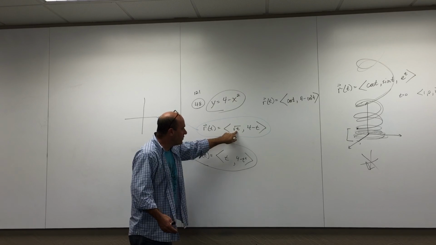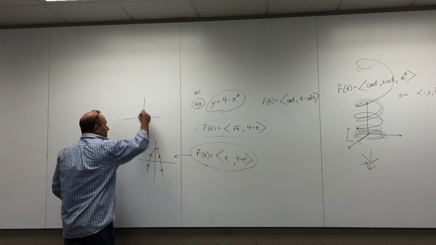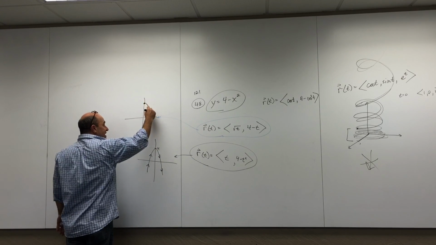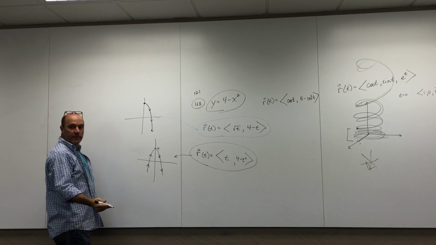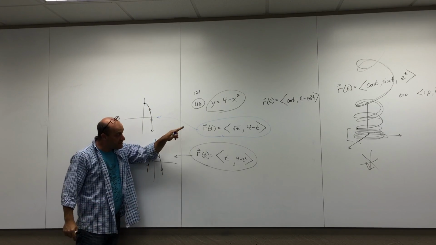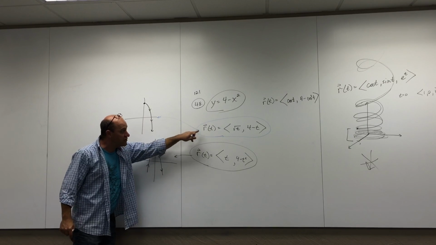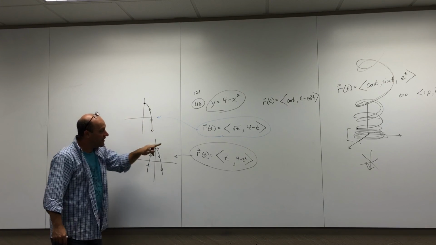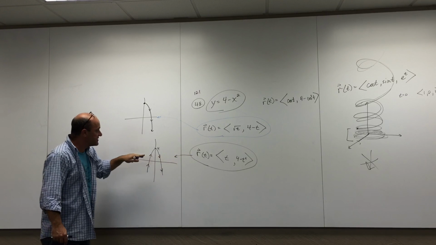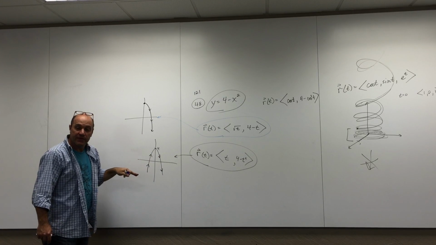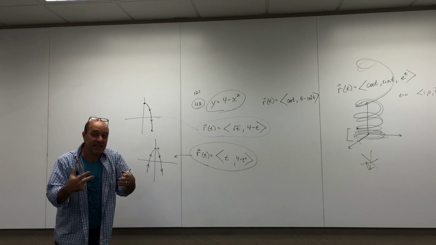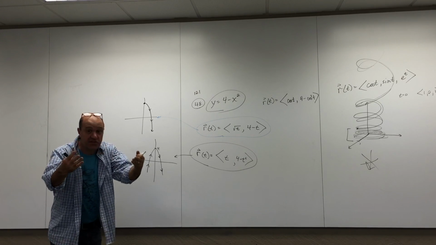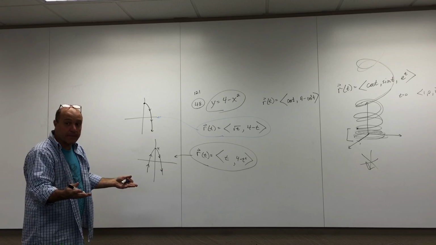Well, that's going to result in, actually, just this half of this parabola. So this vector valued function is this picture. So due to the nature of how you parameterize things, you put restrictions on the graph.